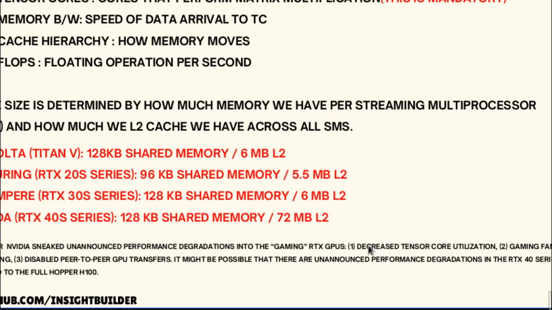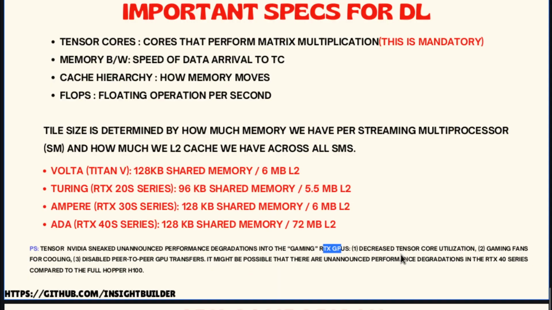Keep one thing in mind. Let me zoom in. Nvidia had recently sneaked in unannounced performance degradations. This has happened recently in a couple of RTX GPUs where they reduced the Tensor core utilization.